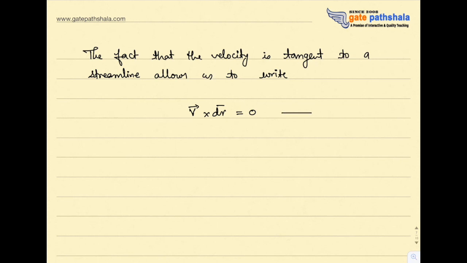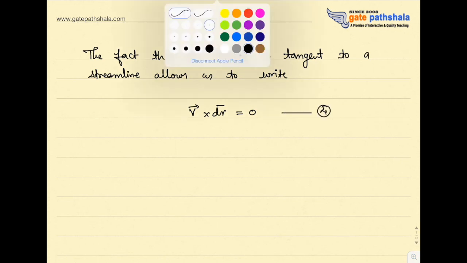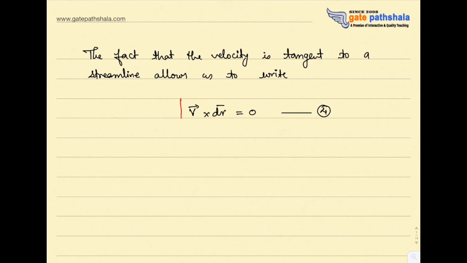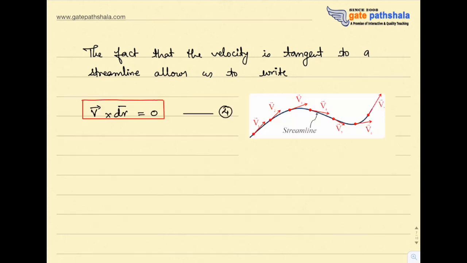Let's call this equation 4. So guys, hope you understood that the equation of streamline in vector form is obtained in equation 4. So let's go ahead.